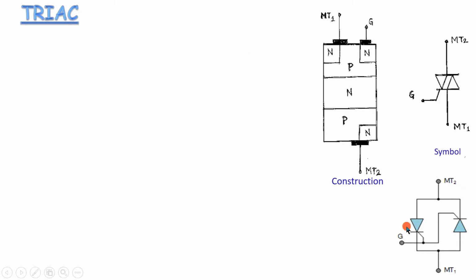Its behavior is like this: it works as if there are two SCRs in antiparallel. This is anode to cathode, one SCR, and this is anode to cathode, the other. They are parallel but antiparallel, and you have commutation. So this structure works like this, and that's why it can be fired in both directions.